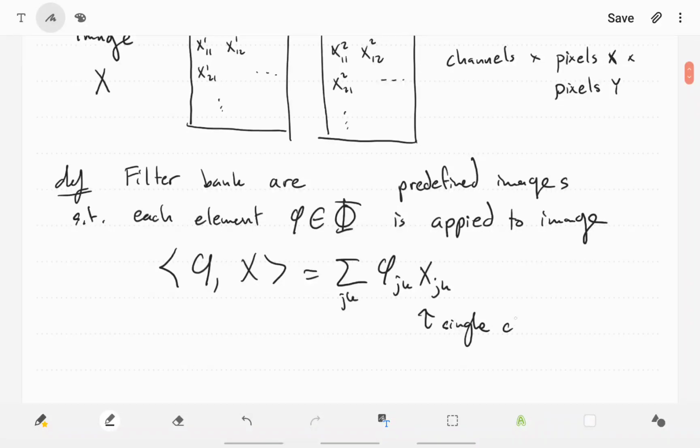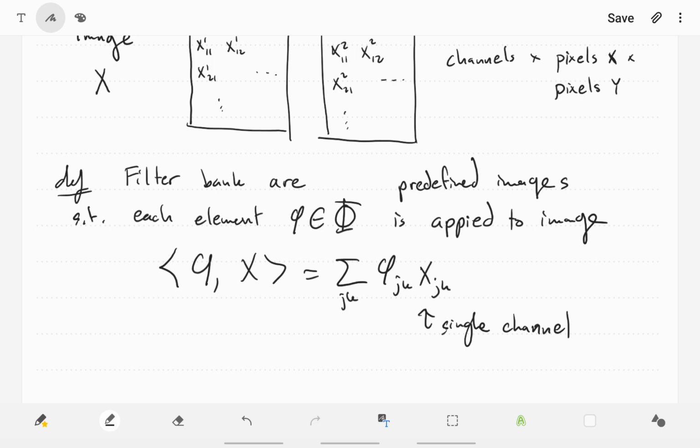In general, you can have multiple channels for both, and then you would just sum along the channels as well. Or you could apply the filter to each channel individually. But a filter bank is really just a set of tensors that, if you wanted to see how aligned the image is with the filter, you would take the inner product between the filter and the image itself.